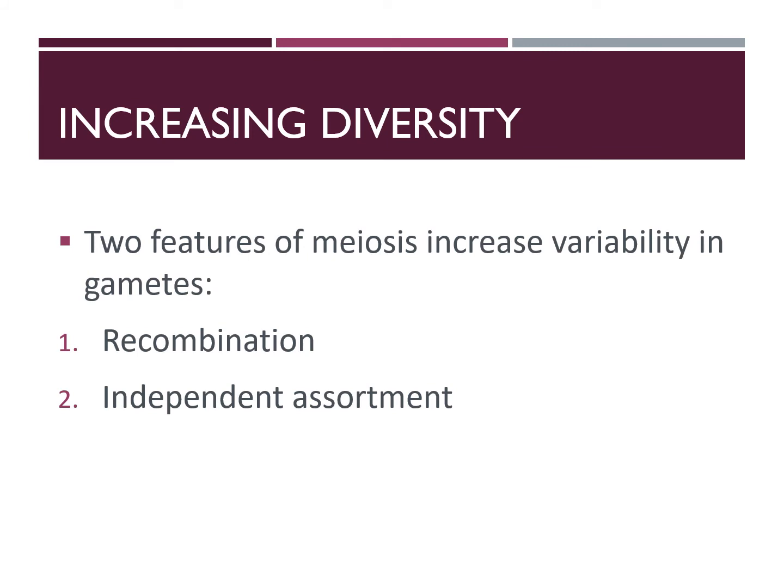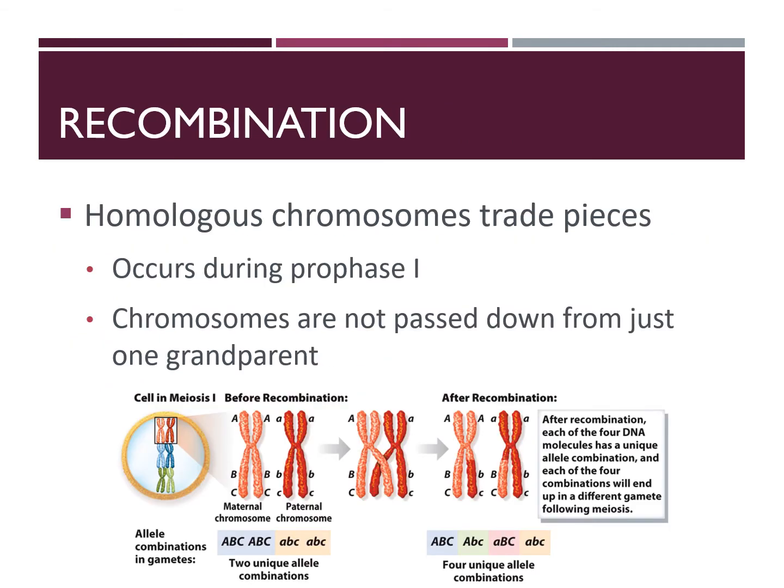Now there's 2 things that happen in meiosis that help increase the variability in the gametes, so how many different gametes the same organism can produce. These are called recombination and independent assortment. Recombination is something that happens while those homologous pairs are lined up together during prophase 1.